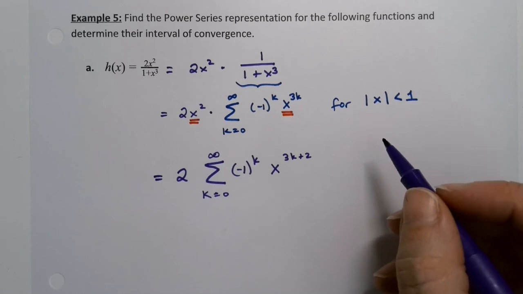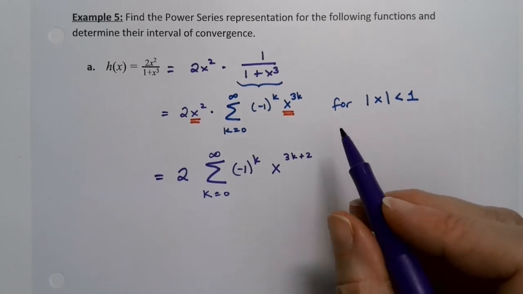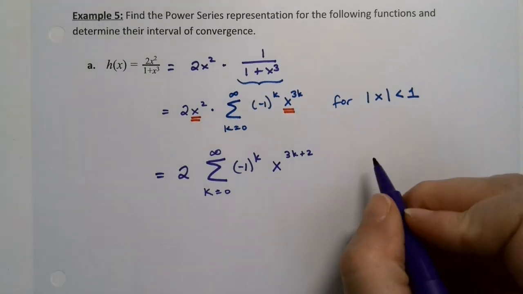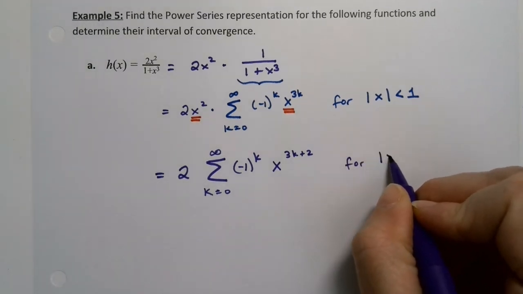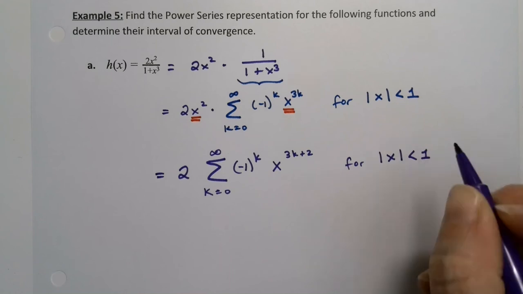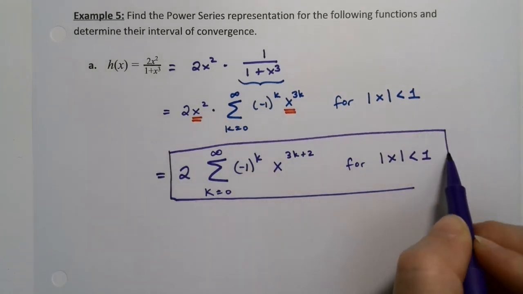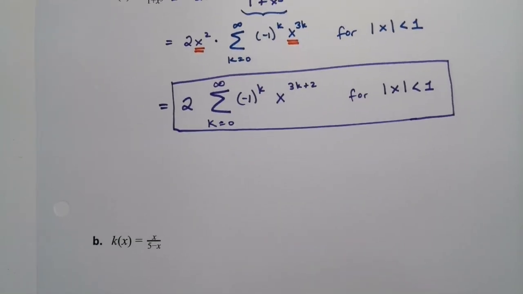And we haven't really affected our interval of convergence, although we could check it. We think it's going to be for the absolute value of x less than 1. But I can check the endpoints just to make sure before I walk away from this problem.